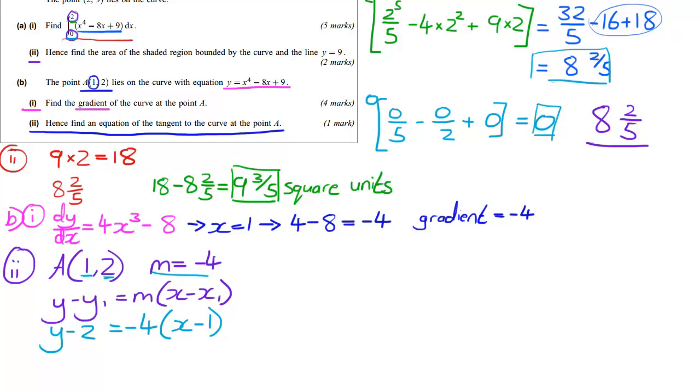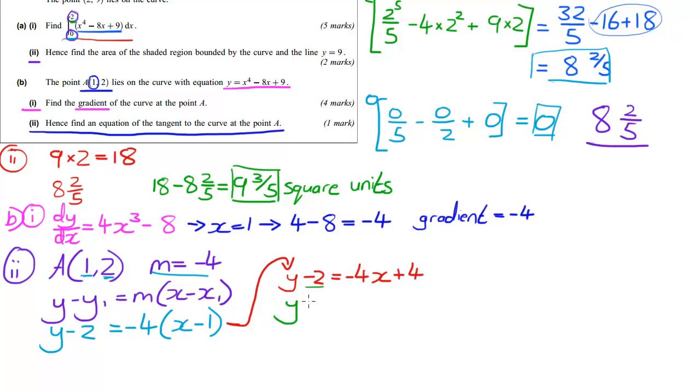And then it just becomes a simplification task. I'm going to go this way to give myself some space. So y minus 2 is equal to minus 4x plus 4, because we have two minuses, and then new color. What can we do? Well, let's add 2 to both sides to get rid of that there.